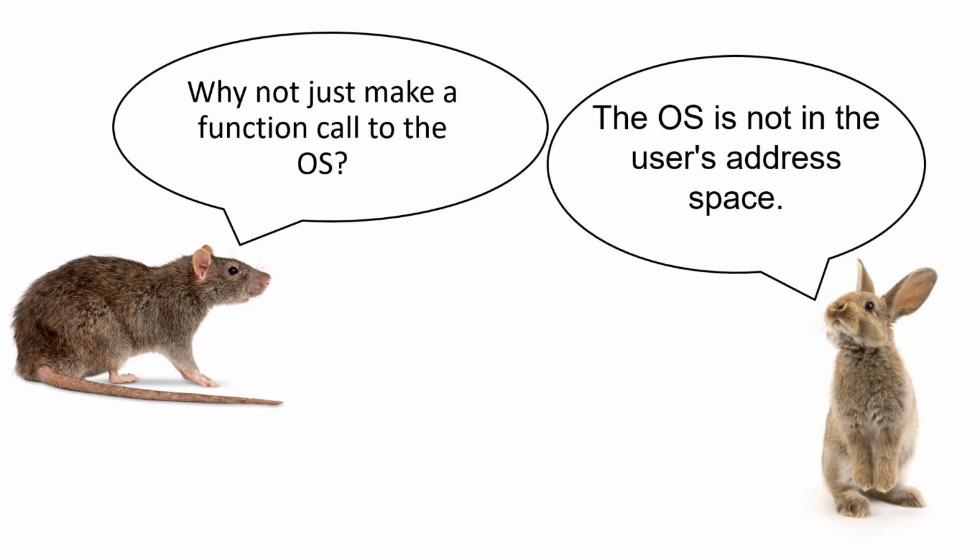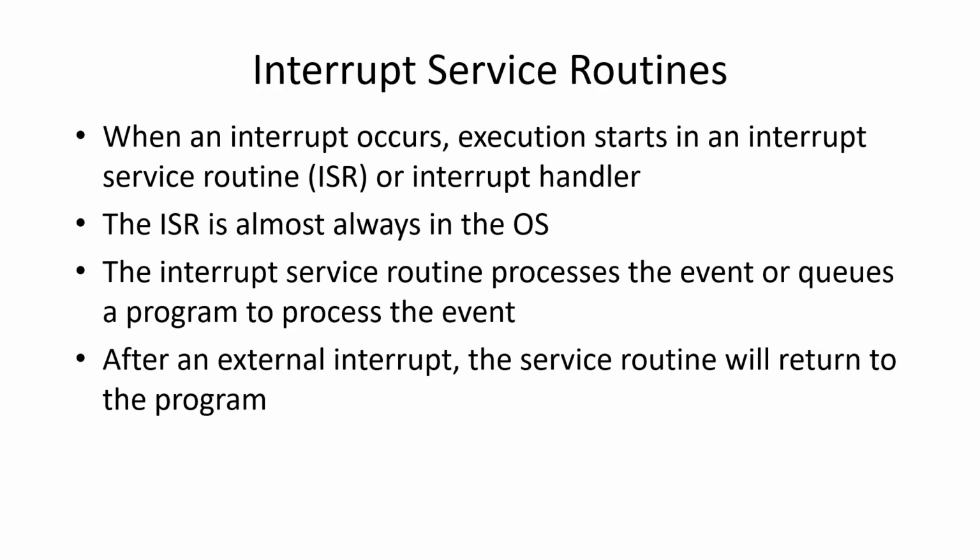Also, the operating system needs to have higher privileges than the user programs, and this switch occurs during the interrupt. When an interrupt occurs, it starts executing in an interrupt service routine, which is almost always in the operating system. The interrupt service routines figure out what happened and then take care of it and return to the user program.